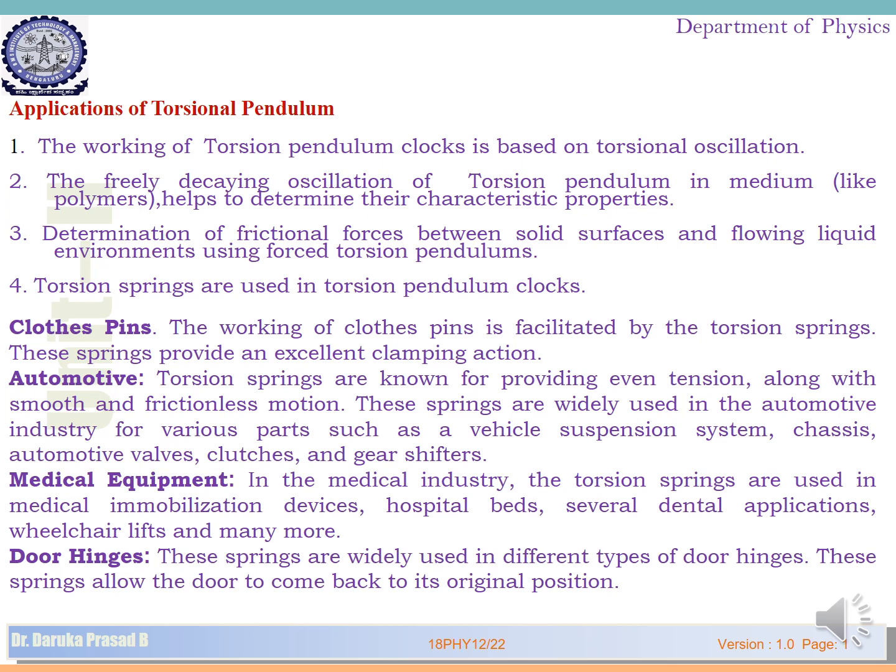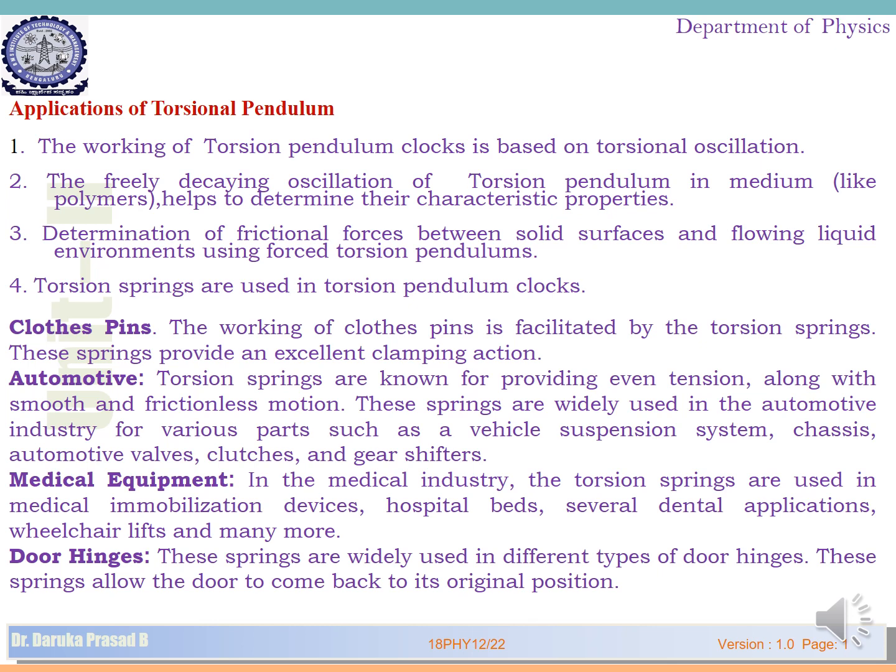The last small topic of this module is applications of the torsional pendulum. The working of torsional pendulum clocks is based on torsional oscillations. The freely decaying oscillations of a torsion pendulum in a medium help to determine the characteristic properties of polymers or any other elastic materials.